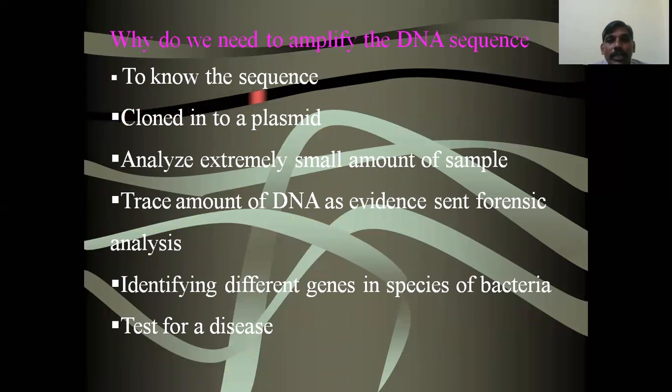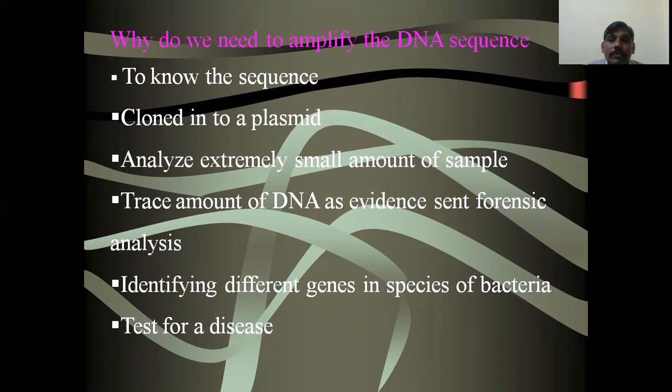So why do we need to amplify the DNA sequence? Normally, we isolate DNA from microorganisms or other sources in a very, very tiny or low quantity. With this low quantity, we are unable to carry out research.